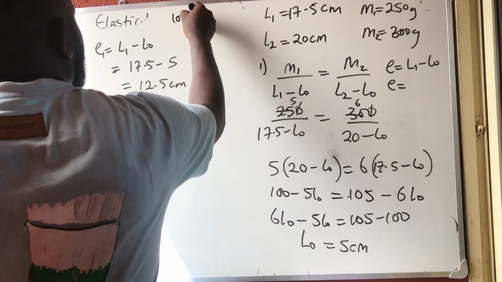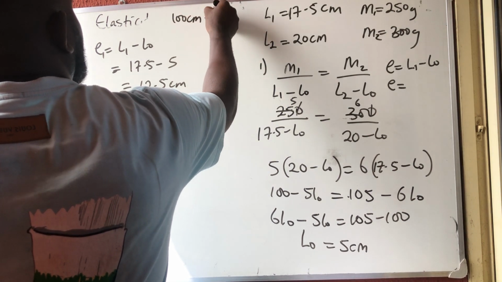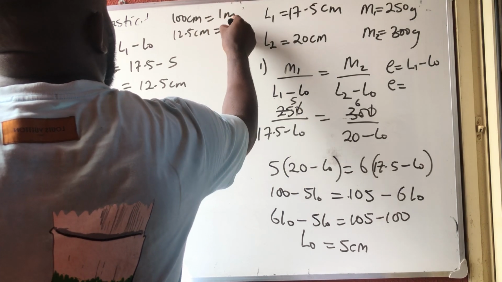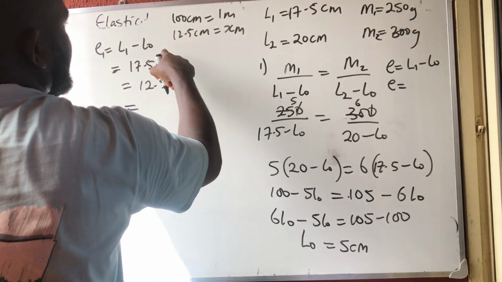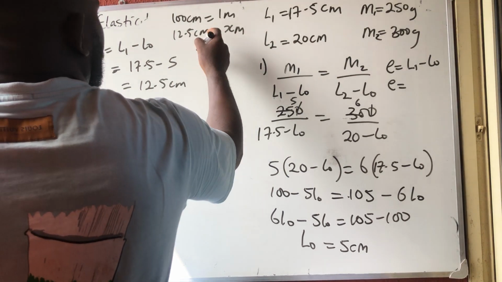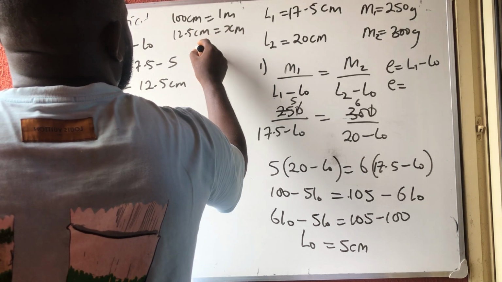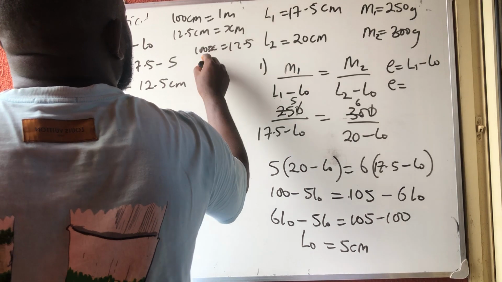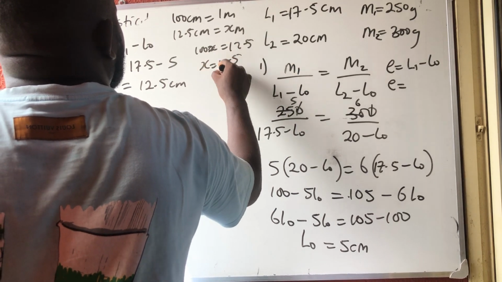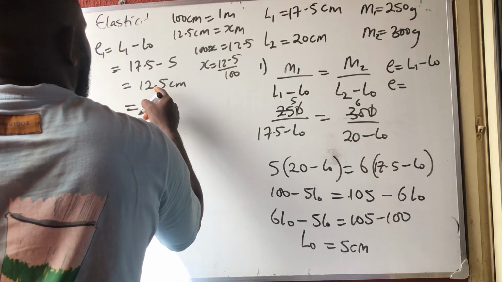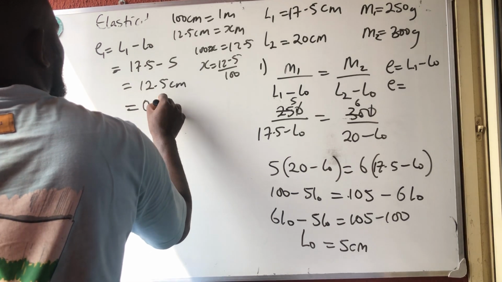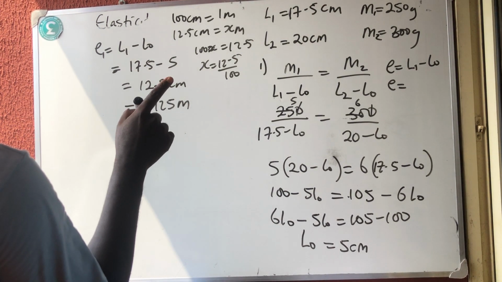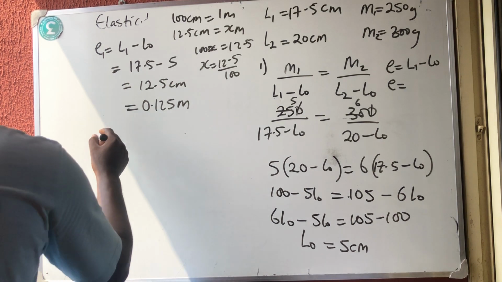We know that 100 cm is equal to 1 meter. So 12.5 cm is equal to x meter. Cross multiplying, 100x is equal to 12.5, so x is 12.5 divided by 100, which is 0.125 meters.